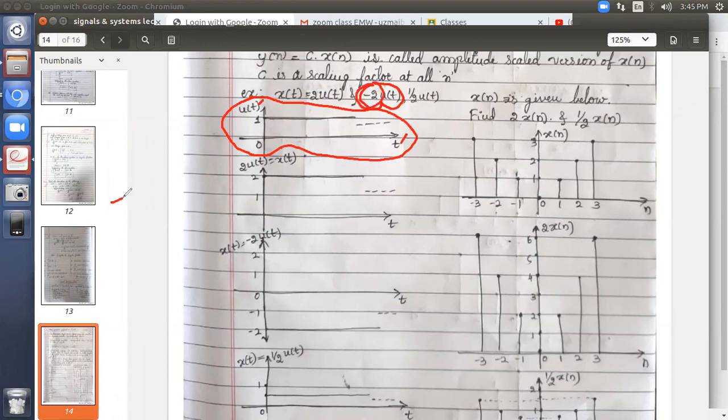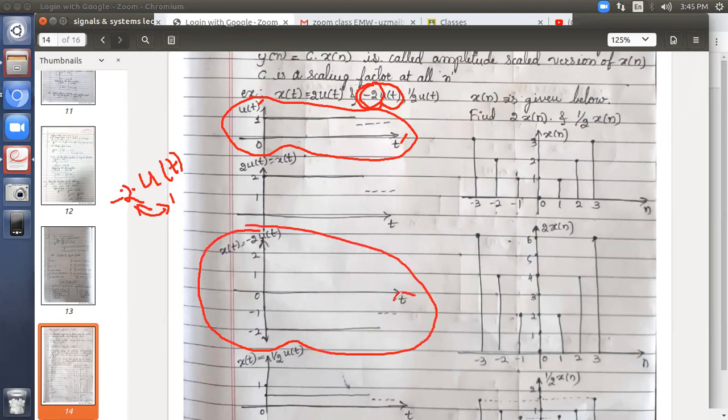So, this is the question given to you, minus 2 into u of t. What is u of t? The amplitude is 1. So, multiply minus 2 with 1. You will get minus 2. That's why if you observe the signal which I have drawn, see here, horizontal is time, vertical is the signal, and the amplitude is minus 2.